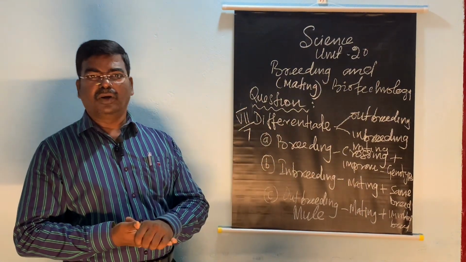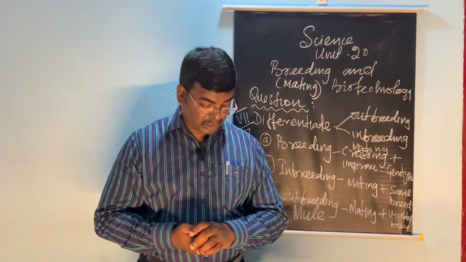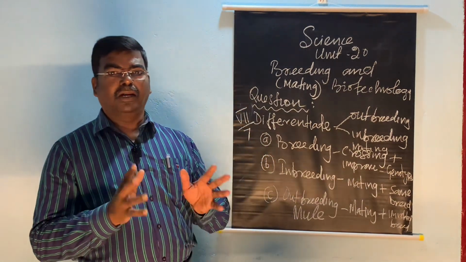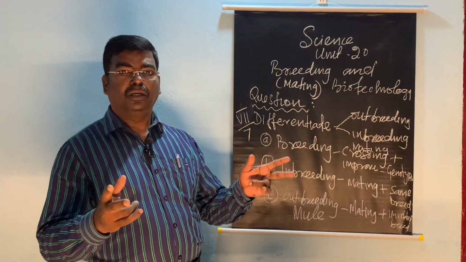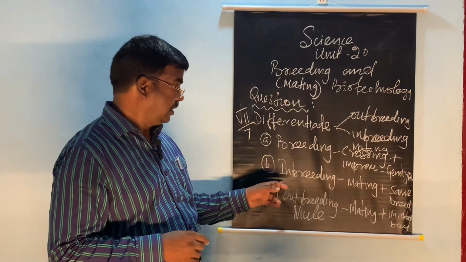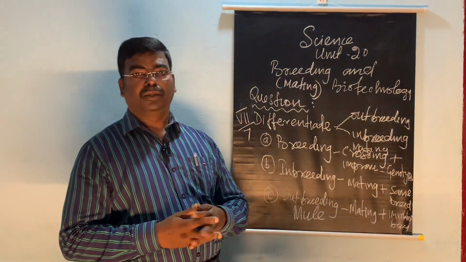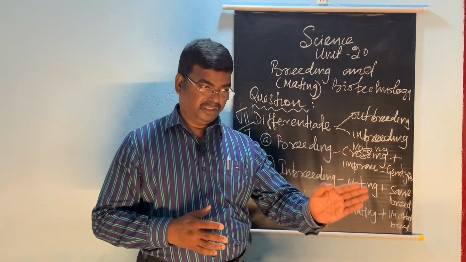Here they have given a word, you underline. The mules are sterile. Sterile means infertile. We cannot cross two mules. The inbreeding, we cannot match these two mules because they are sterile.